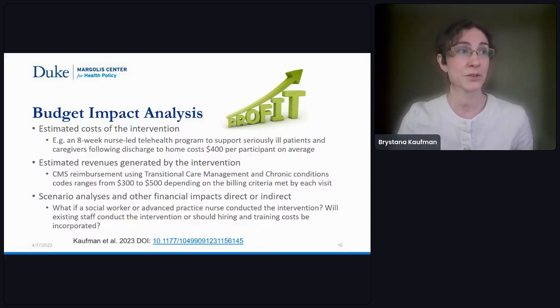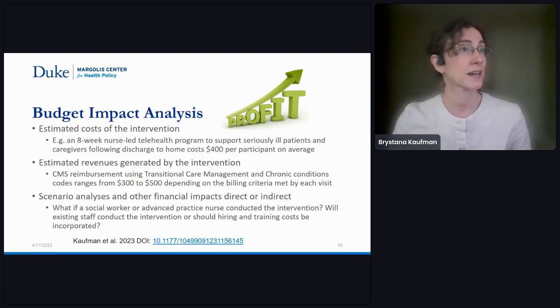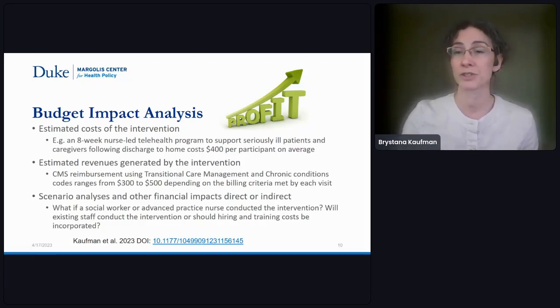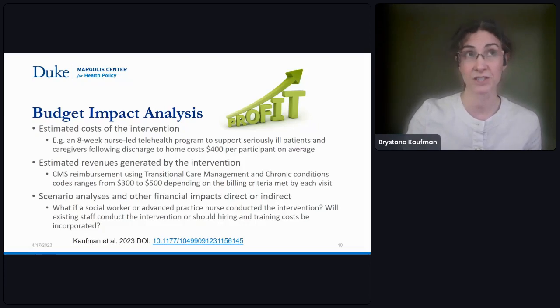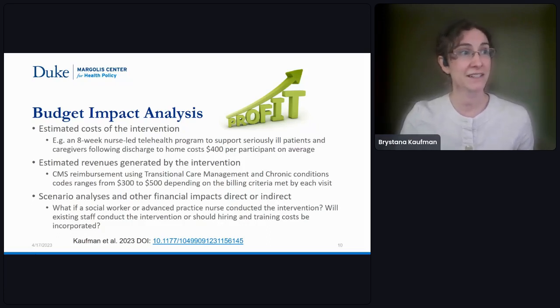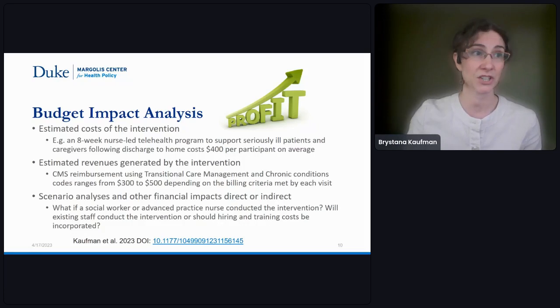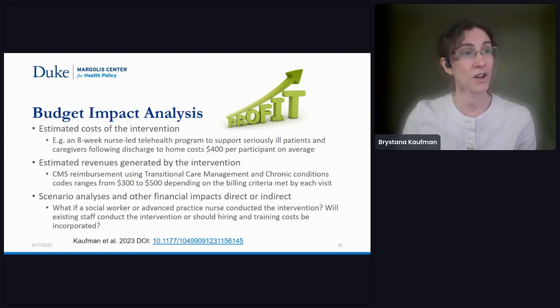And then we estimated the revenues that could be generated by that intervention through conventional CMS physician fee schedule dollars, billing codes. And we found that the reimbursement potential was similar to the cost of the intervention on a per participant basis. But we also wanted to inform implementation by looking at those what-if scenarios.